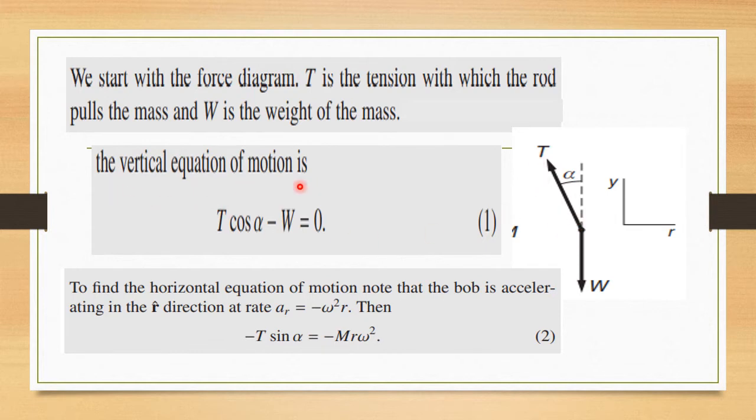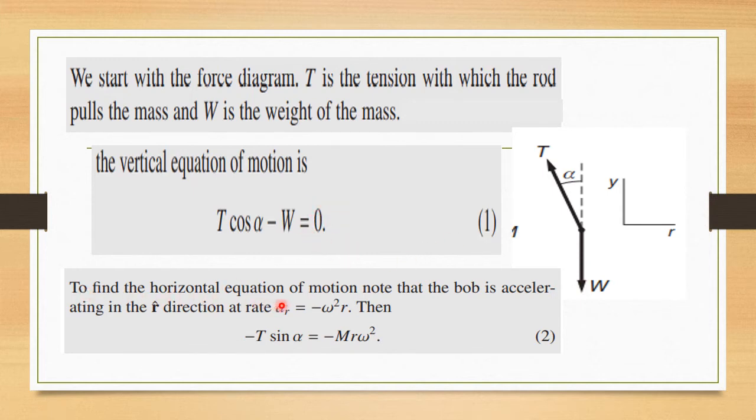So the vertical equation is T cos alpha minus W is equal to 0, since both are opposite to each other. This is the vertical equation of motion. It is 0 because there is no motion along the y direction for the mass.